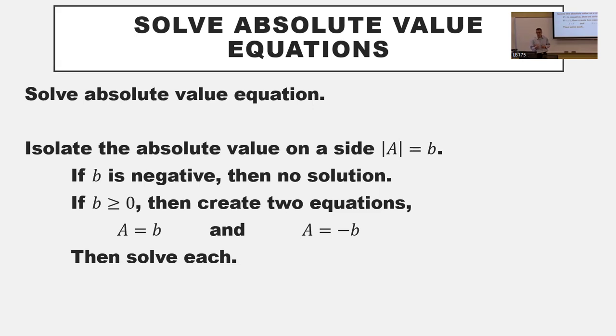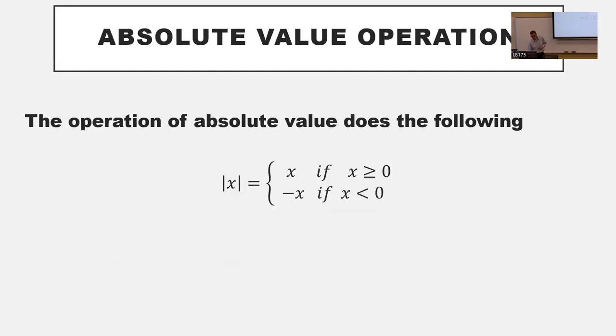then because of the way absolute value works, I create two different equations. One based on the assumption that the inside is positive, and the other based on the assumption that the inside is negative.